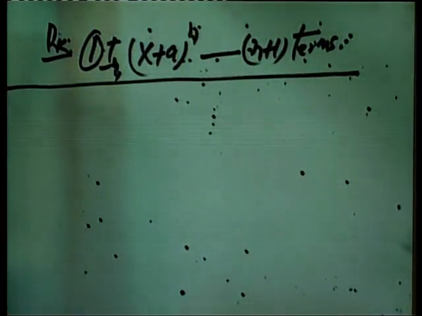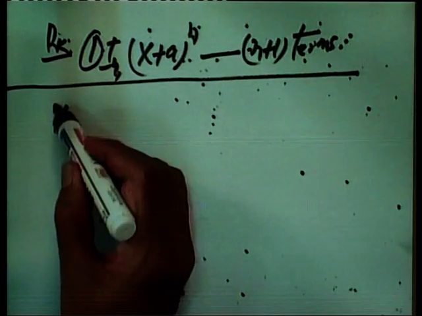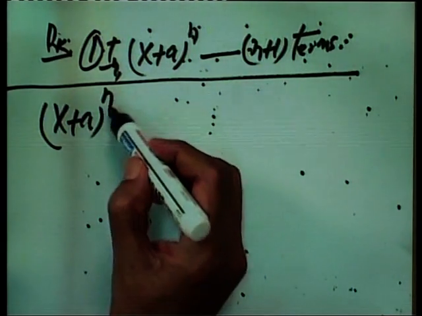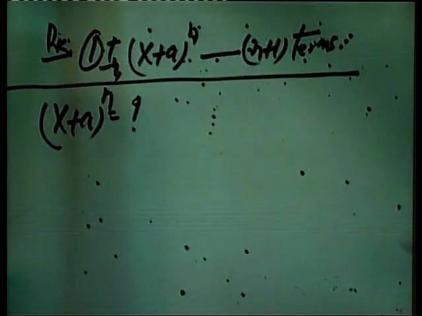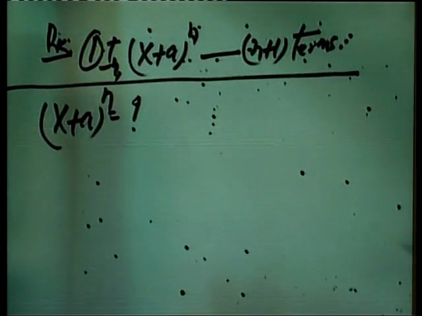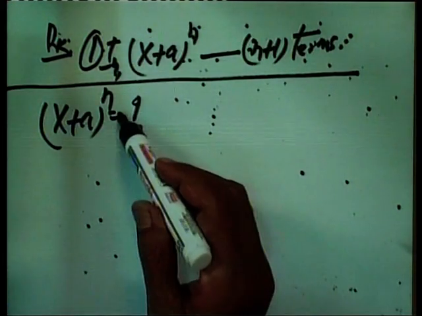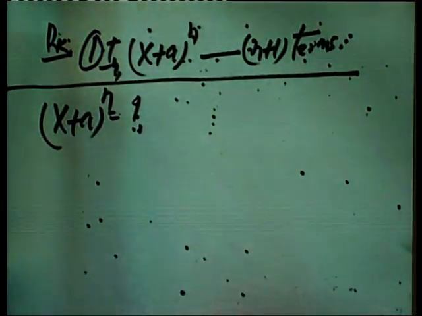Now, let me go back to write down the expression for x plus a raised to power n. One thing is very clear, that you will have n plus 1 terms, and let me take the help of the sheet.